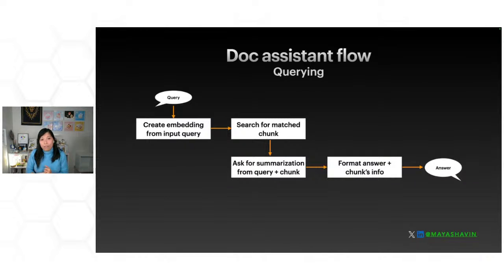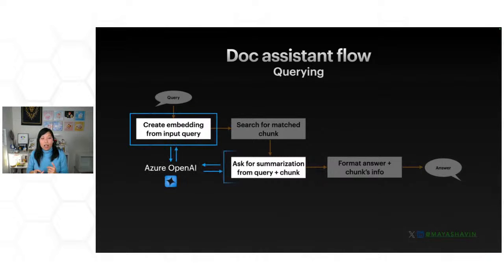For the querying flow, for the query embedding from the input query, and for summarization, we need to use the Azure OpenAI API. For the query embedding, again, we use text embedding. For summarization, we use GPT.